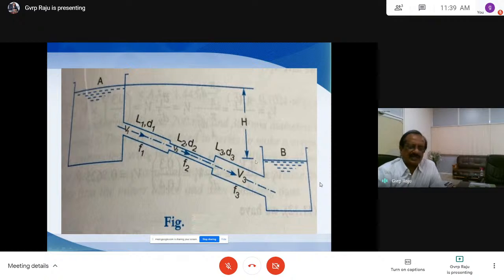So the issue here is how you are going to analyze this. I will come to that exactly when the pipes are connected in series, but for the long pipe discussion I am taking this sketch.